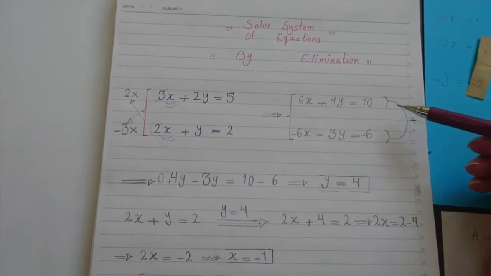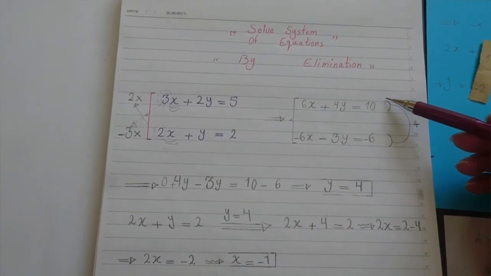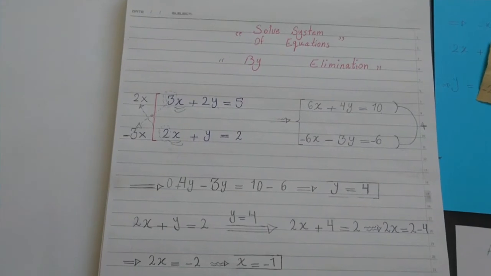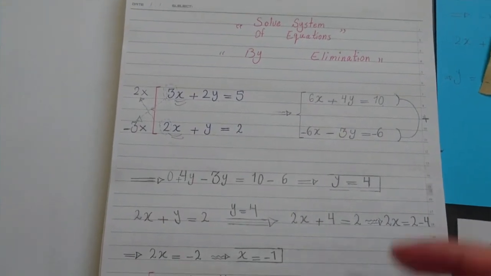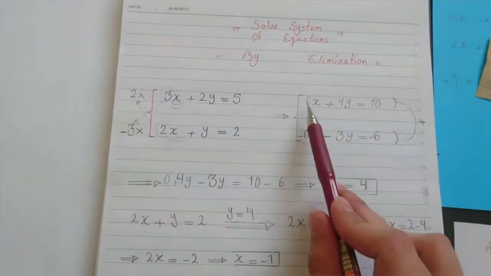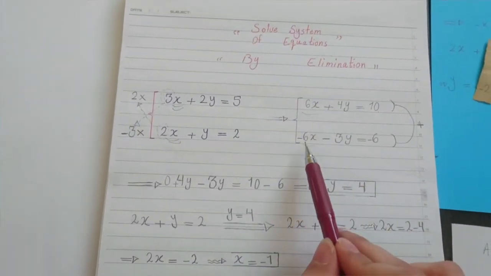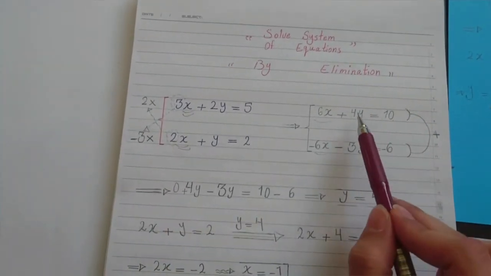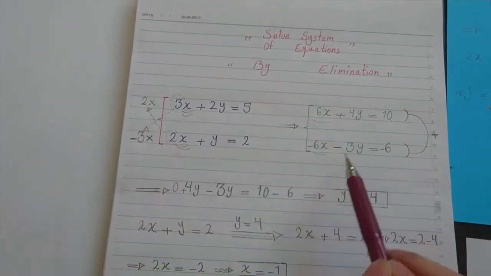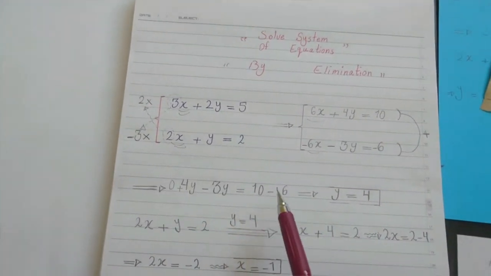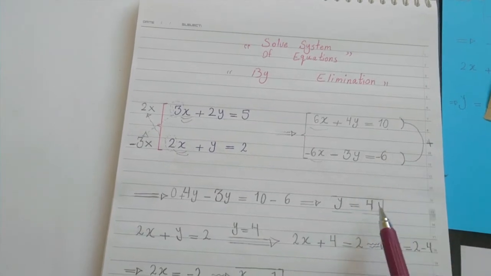The only step we need to do is adding these equations. By adding them, we can see that the variable x will be eliminated. So 6x plus negative 6x is 0, plus 4y minus 3y, which is y, equals 10 minus 6, which is 4.